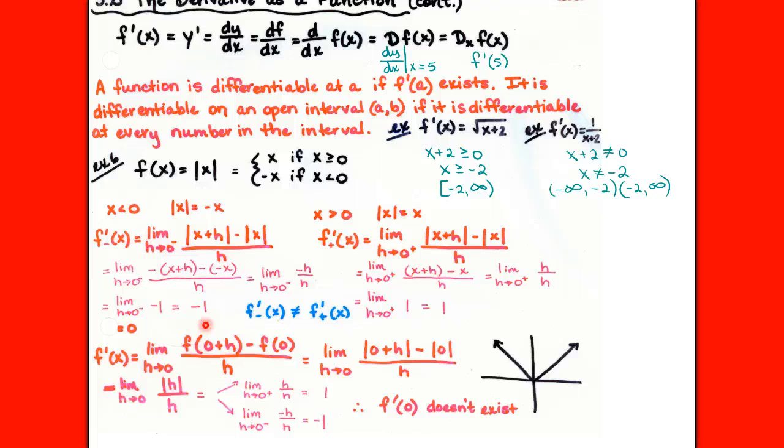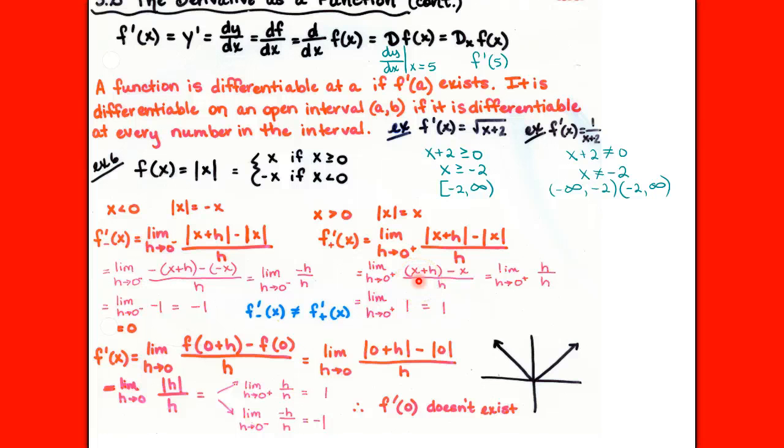So if I'm working with values greater than 0, I'm going to start the same way. The limit as h approaches 0 of absolute value of x plus h minus absolute value of x over h, because again, we've done f of x plus h minus f of x divided by h. When we do the absolute value of x plus h, though, when we're thinking of values greater than 0 or approaching 0 from the right-hand side, then when you take the absolute value, you get exactly what you started with.